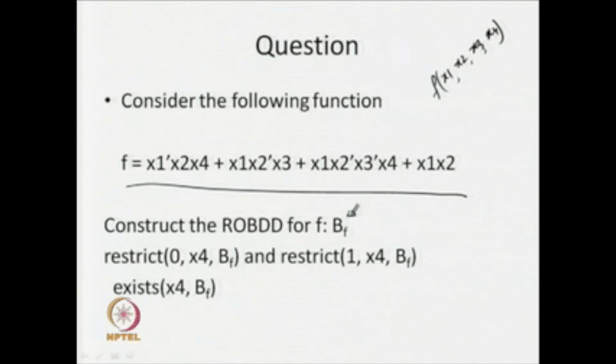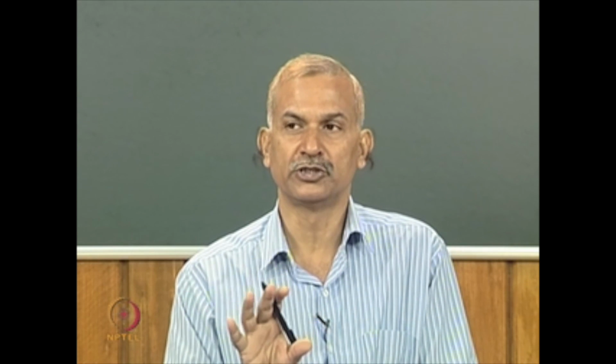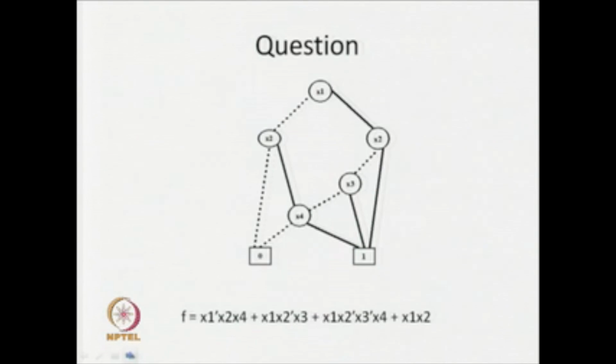So, construct the BDDs and after that look for the function exists x 4 B f, that means we are relaxing the constraint on the variable x 4 in the given function f. Okay. Just see what the BDD B f will look like. You can use the Shannon expansion to construct this BDD. Here I will just give you the resultant BDD.